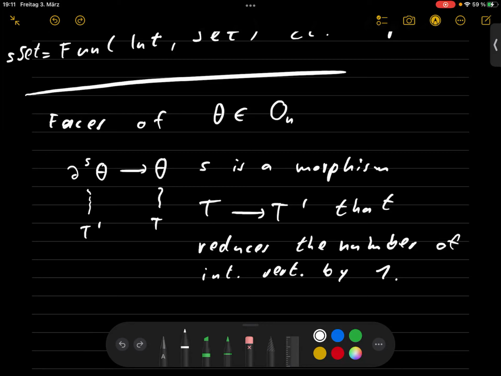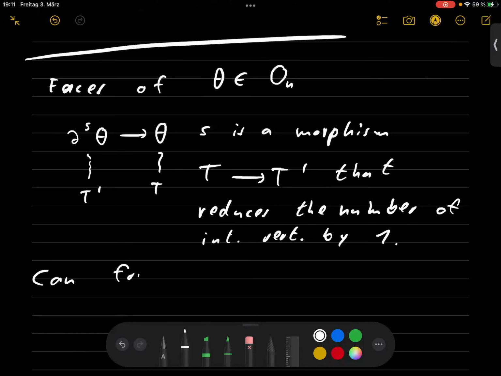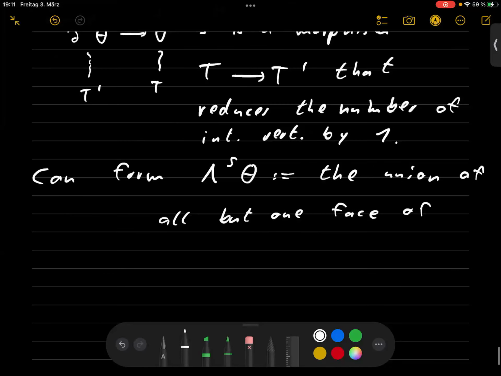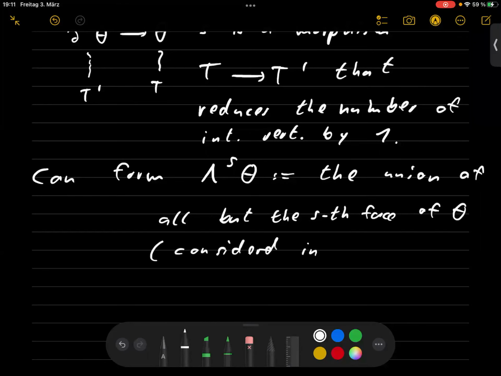And if we do that, then we can again form a horn, namely S of theta is then the union of all but one face of theta, given by the S face of theta, but we must consider it in pre-sheaves on theta n, because we can't consider it in theta n, because then there's no union notion.